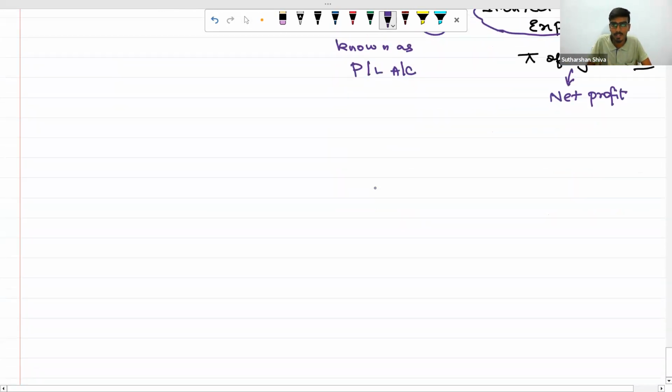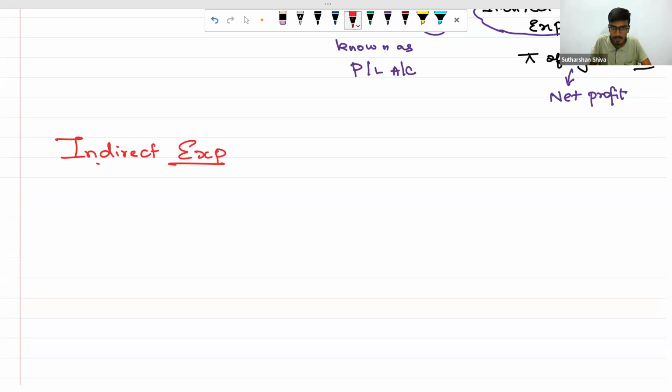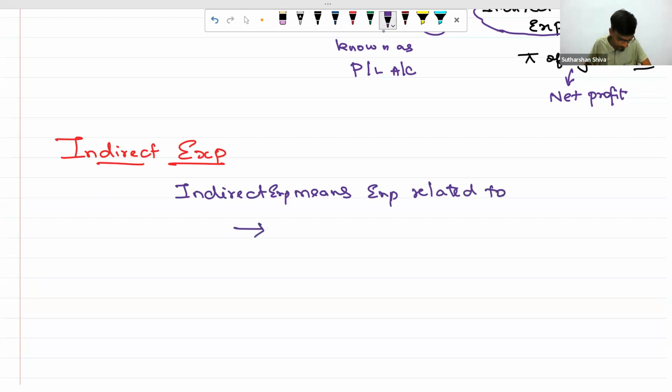Indirect expenses are expenses related to, first thing, management and administration purpose.